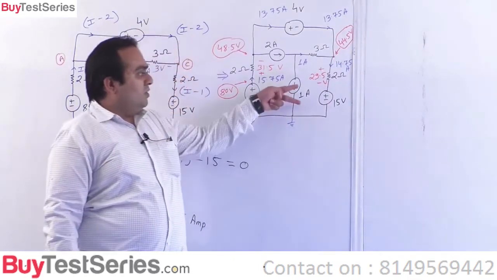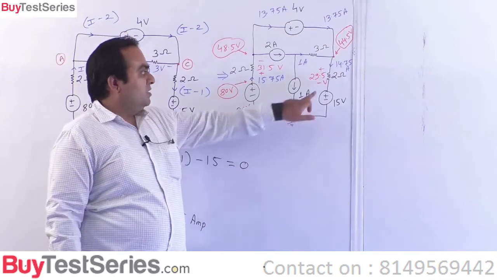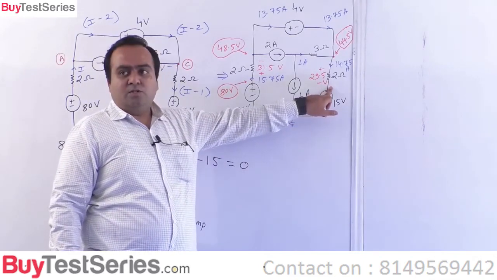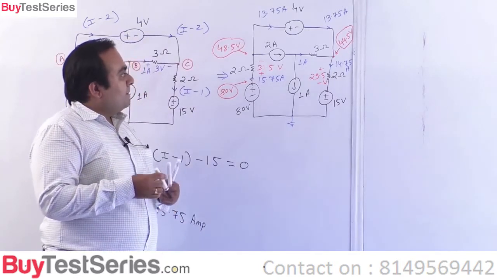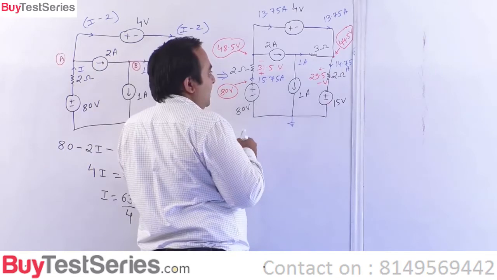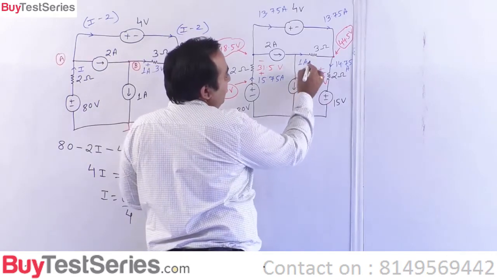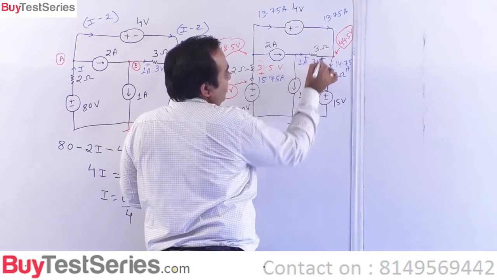So this voltage source has to be 15 volts because this potential is 15 volts. This confirms our calculation. Now this voltage, as already indicated in the previous diagram, is 3 volts here.